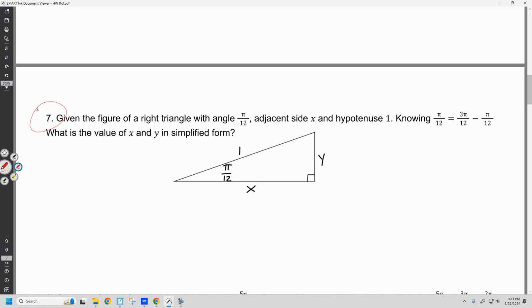Oh, yeah. Number 7. What do you do? That should be 2. This is a 2. That'll help.